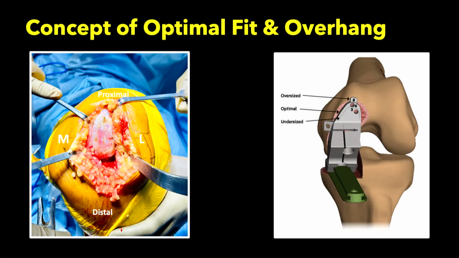So the concept of optimal fit and overhang, as we can see in the photo on the left hand side, the articular cartilage that is eroded, that is a part that needs to be replaced by the UKR implant. M stands for medial, L for lateral, proximal is the femoral part, distal is the tibial part. If we have an implant that is having a medial overhang, this is the part where there will be medial overhang of the implant, which will lead to medial knee pain and medial structures irritation.